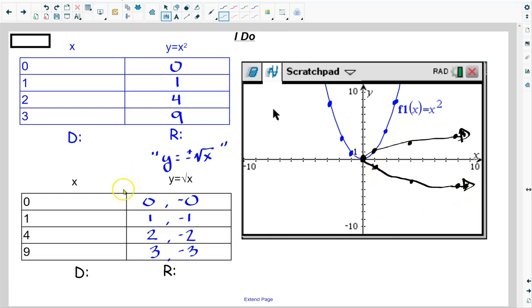The other thing to keep in mind is that this does not pass the vertical line test, so this is not a function. So be careful. A lot of times it's safer to call these relations until you can establish that they are functions. The other thing is, let's try this one.